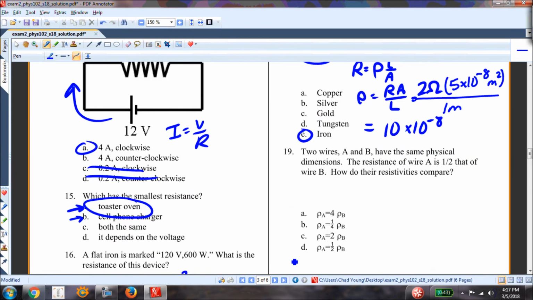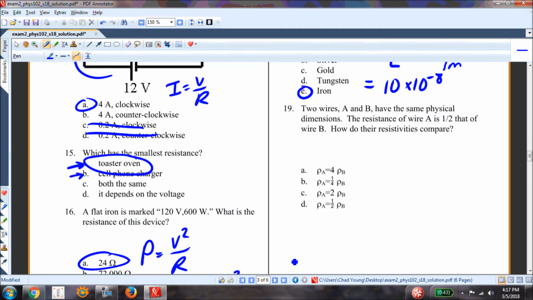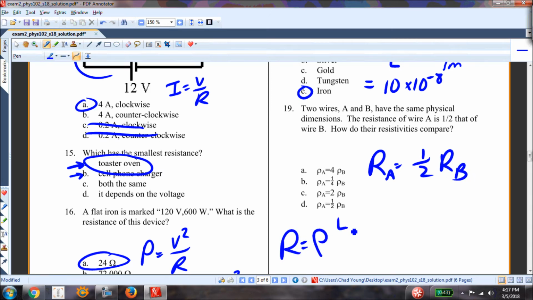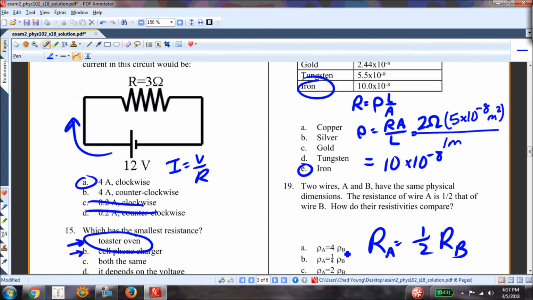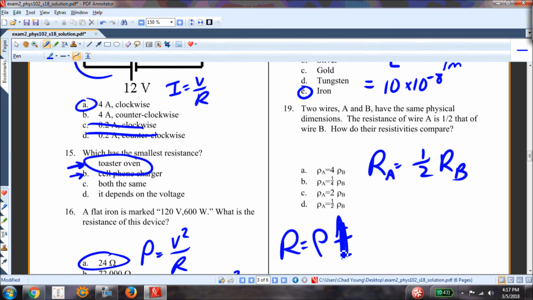And then number 19, two wires A and B have the same physical dimensions. A and L are both the same. The resistance of wire A, however, is half that of wire B. But resistance is rho L over A. So if the resistivity goes up, the resistance goes up.